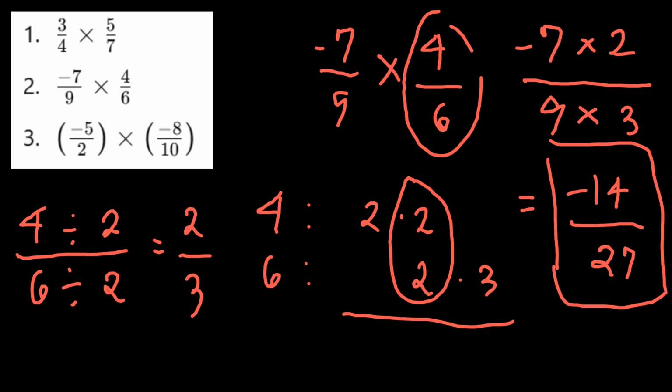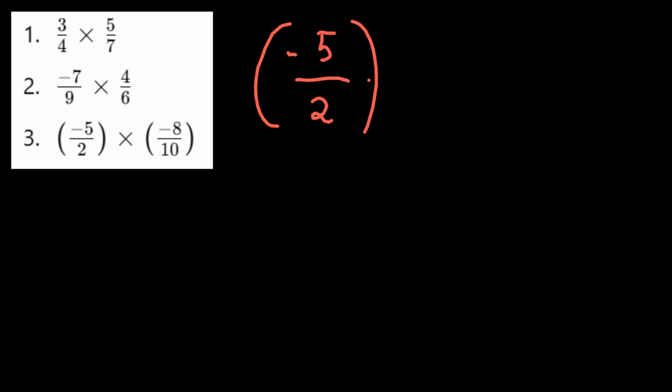All right. So we're done with example one and example two. That is for multiplying positive and negative fractions. Okay. Let's move on to number three.